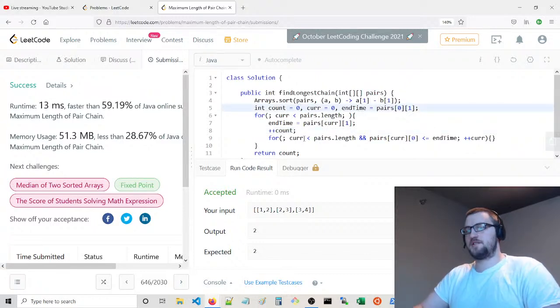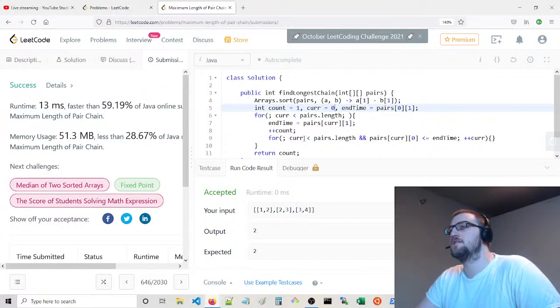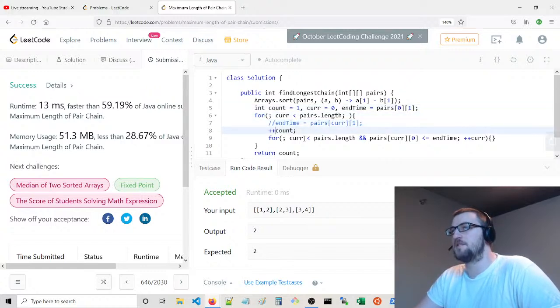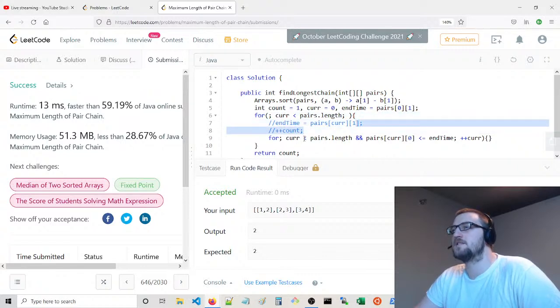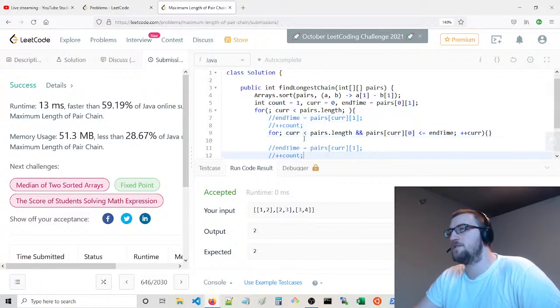Well, you can do this first before you begin, right? And so then you don't need to do both of these here. And then you would do them after here, right? But the tricky thing is you would do them after here.